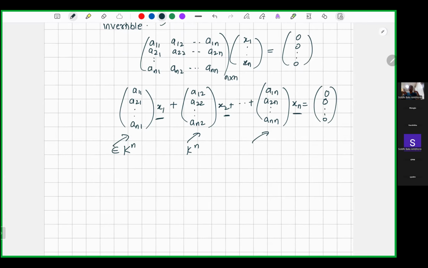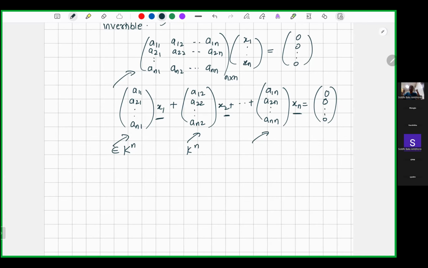If the only possible solution is 0, then the matrix becomes invertible because all the vectors are linearly independent. And when I have a non-zero solution, then these columns are dependent on each other. I have linear combinations such that I get a zero matrix.